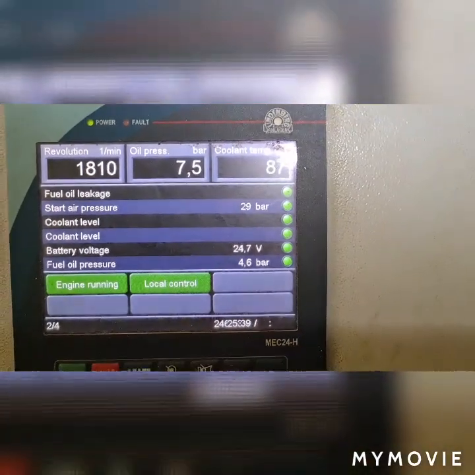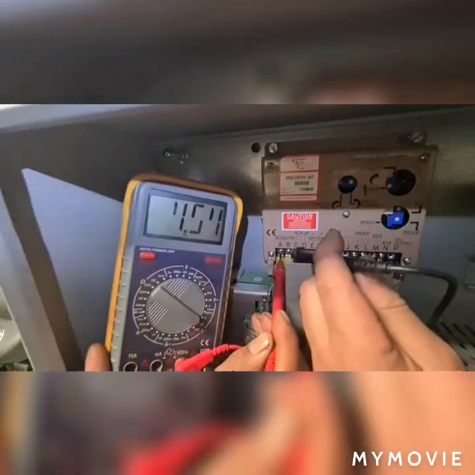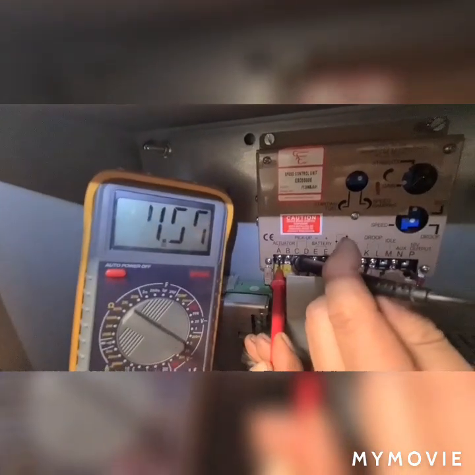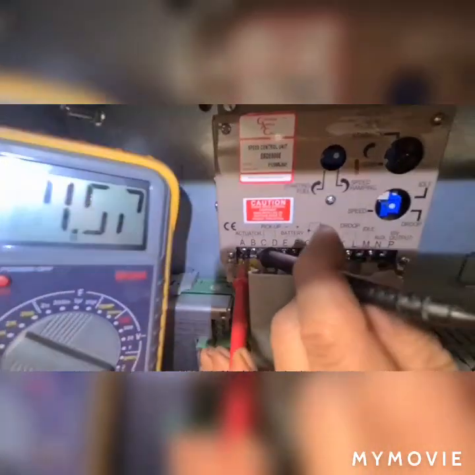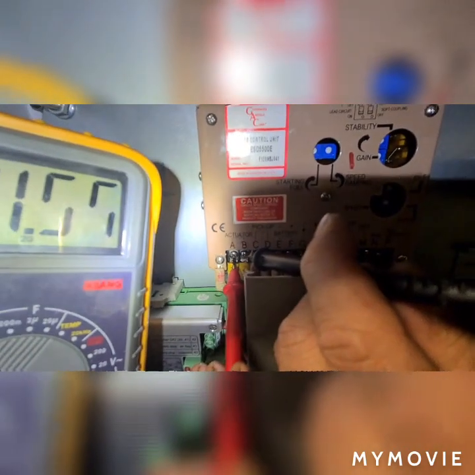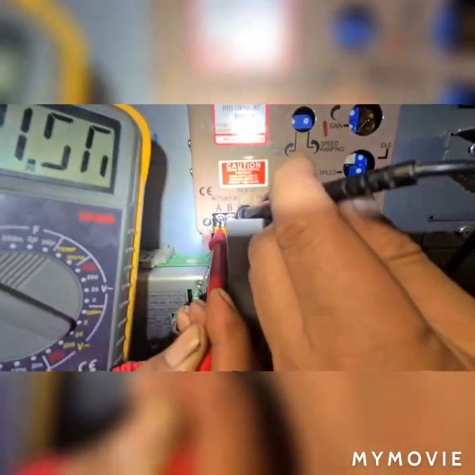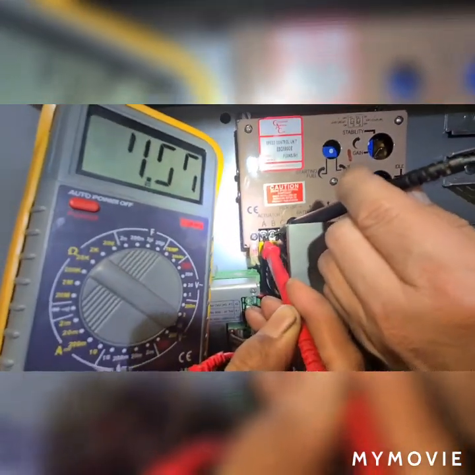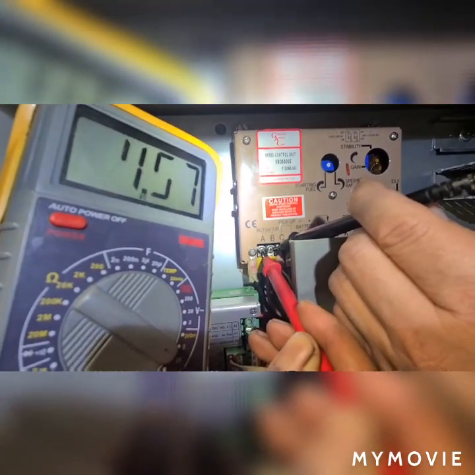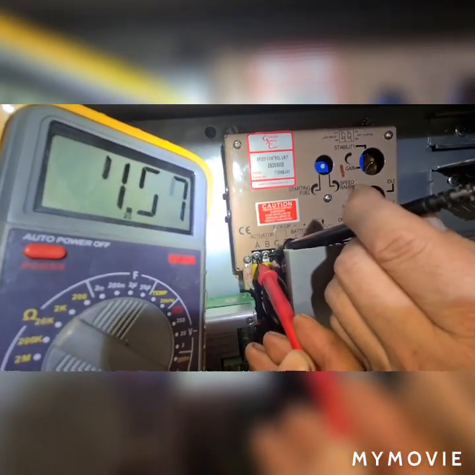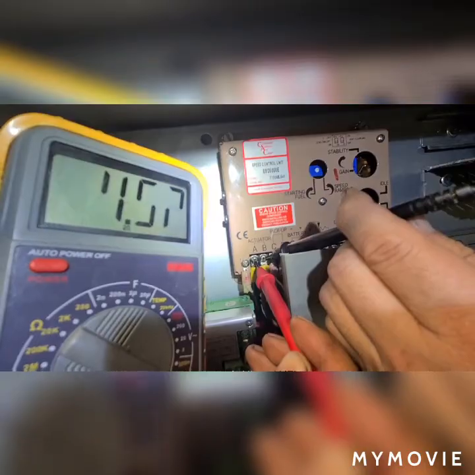So we are able to manage and decrease the speed to 1810 with a voltage across our actuator of 4.56, 4.57, 4.56, 4.54, 4.55 volts.